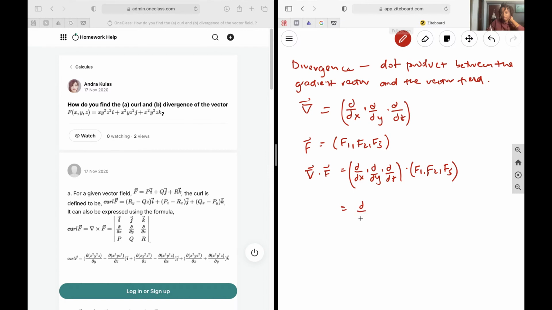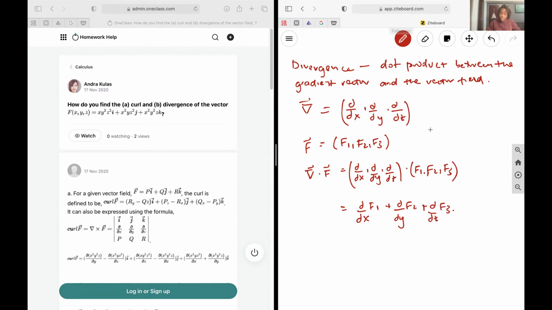And that is going to be the partial derivative of f1 with respect to x plus the partial derivative of f2 with respect to y plus the partial derivative of f3 with respect to z.